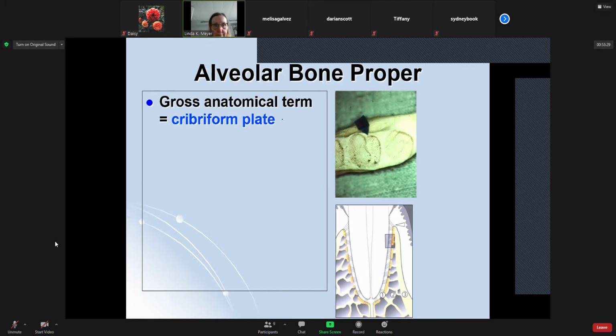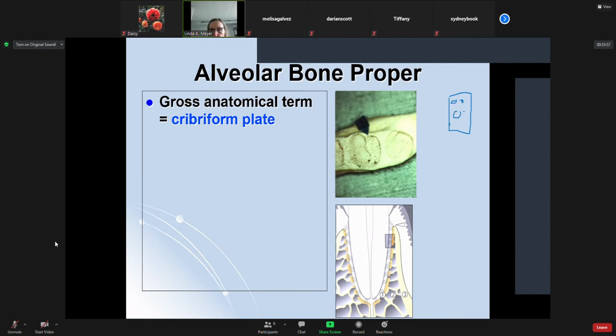Another name for alveolar bone proper is what's called the cribriform plate. We call the alveolar bone proper lining the tooth socket a cribriform plate because it's a plate of compact bone with little perforations in it.